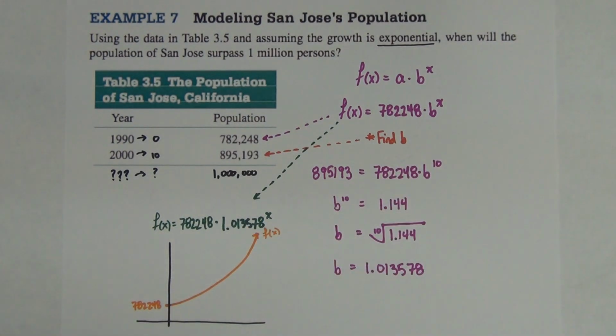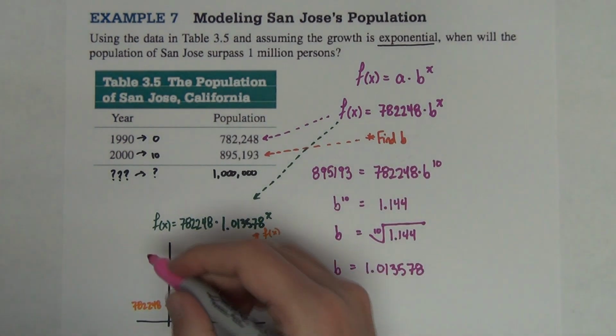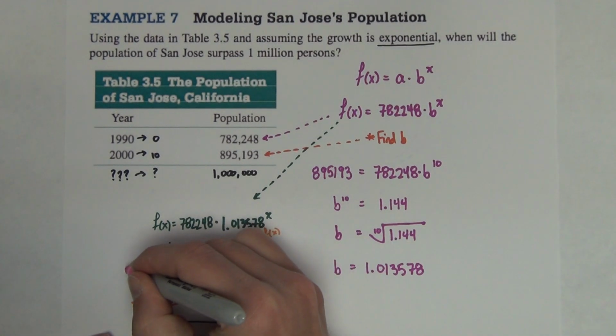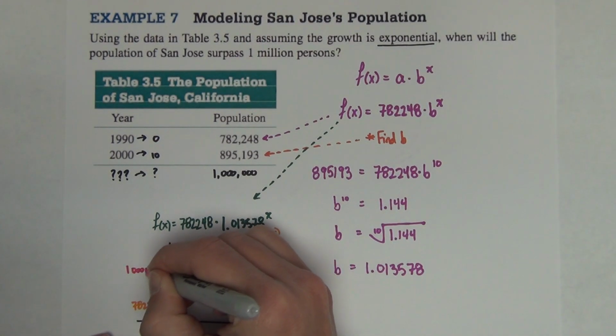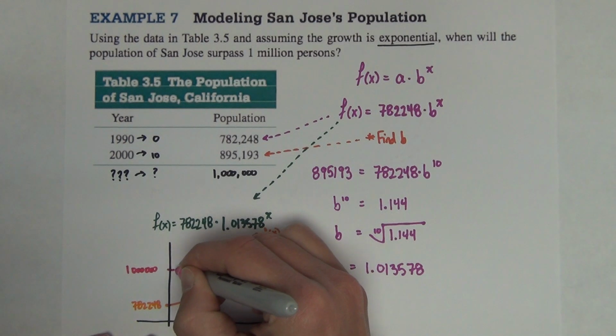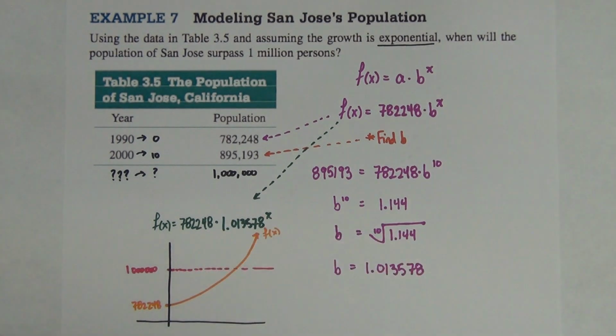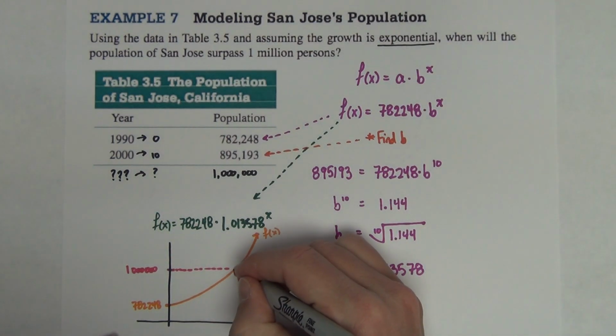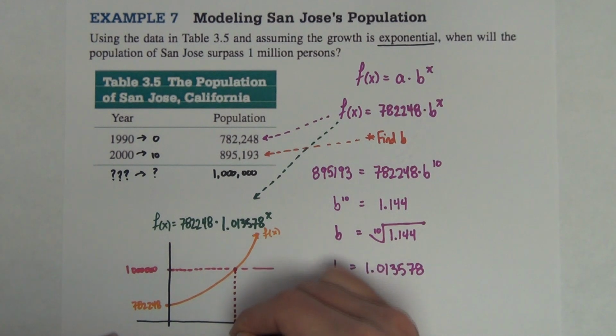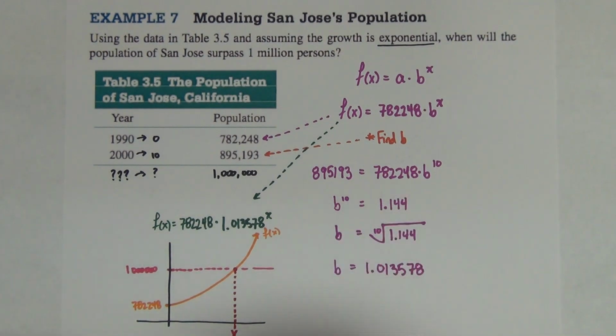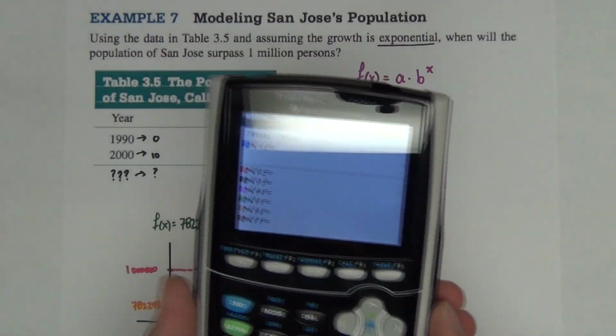What we're going to do is graph this function, and then we're also going to graph the line that's at 1 million. We're going to figure out where these lines intersect. At what x value do those lines intersect? We're going to do all that work on the graphing calculator. So let me bring that up so we can see.